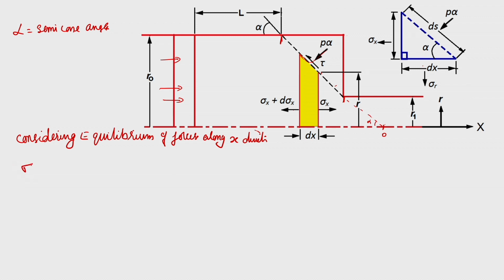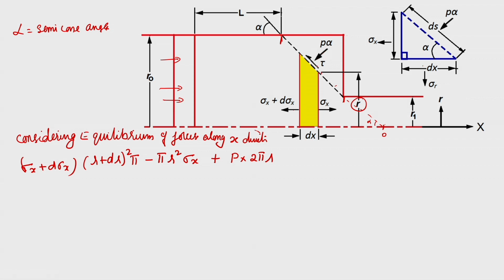we can write sigma x plus d sigma x, that is on the left side, into the area, with radius r plus dr, square into pi, the total area. So, minus pi r square sigma x on the other side, plus p into 2 pi r, because there is a normal pressure acting, and we have to take its component along the x axis.